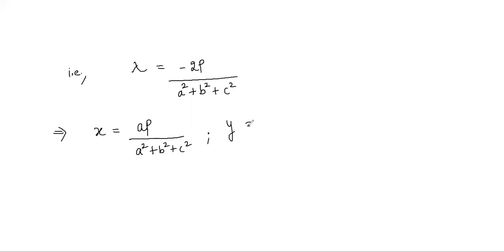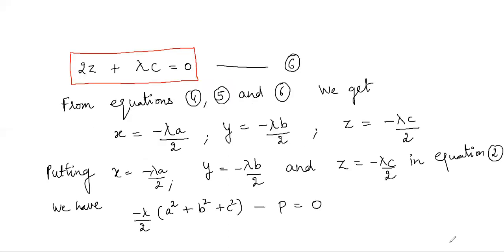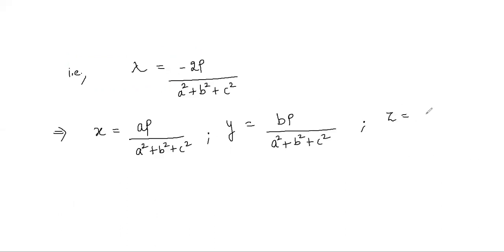And y will be bp divided by a square plus b square plus c square, and z, putting in the Lagrange's multiplier lambda, we will get as cp divided by a square plus b square plus c square.